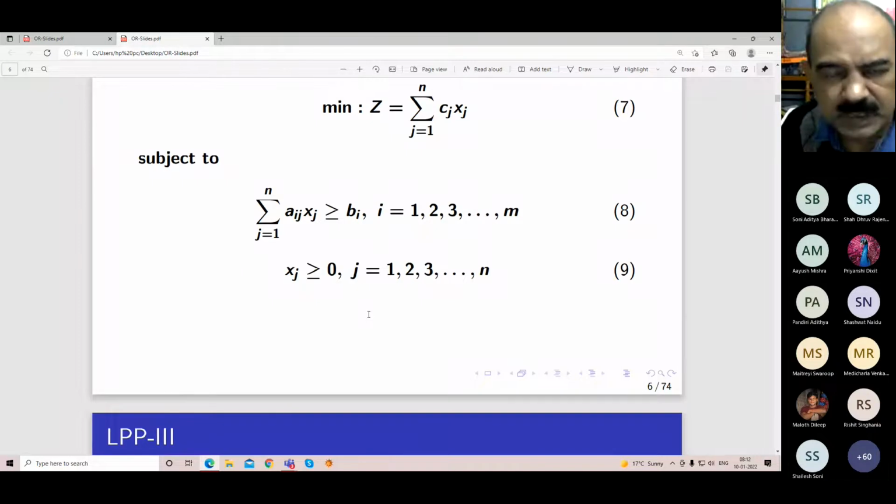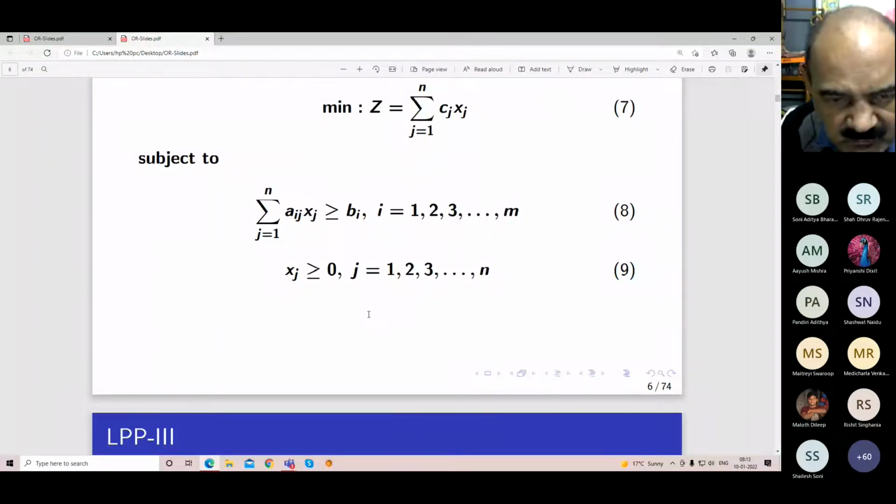Non-homogeneous means the right hand side is non-zero. If the right hand side b is 0 for a system Ax equal to b, then it is a homogeneous system. Generally, the system is non-homogeneous. Whenever we mention a system, say Ax equal to b, A is a matrix, x is a vector, and the right hand side b is also a vector.